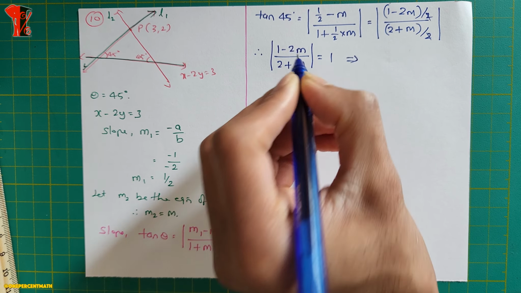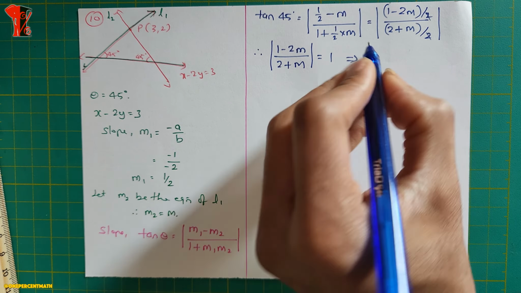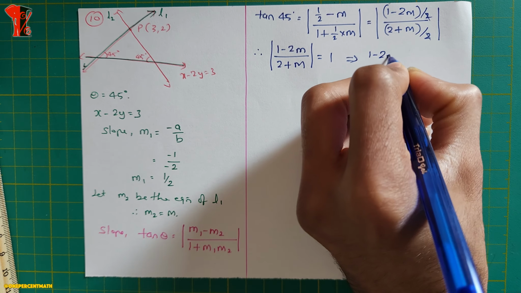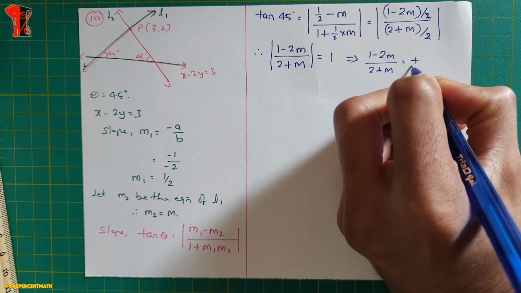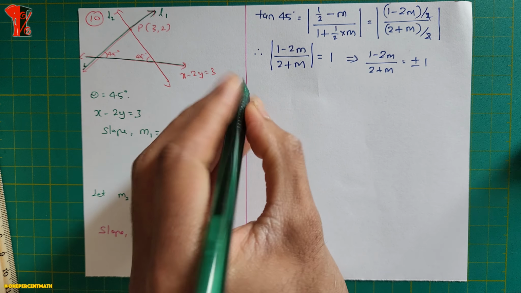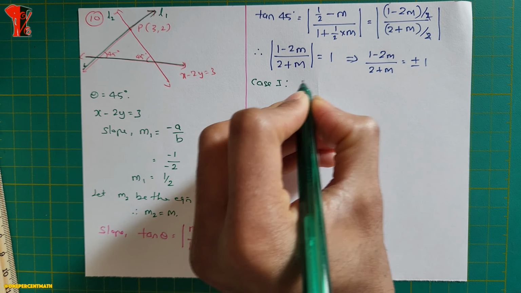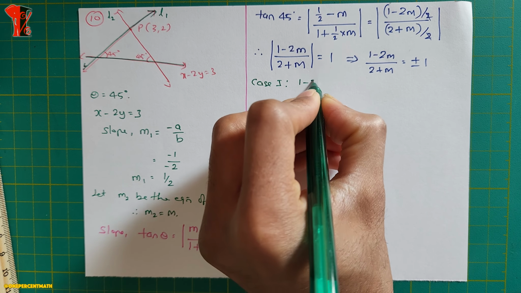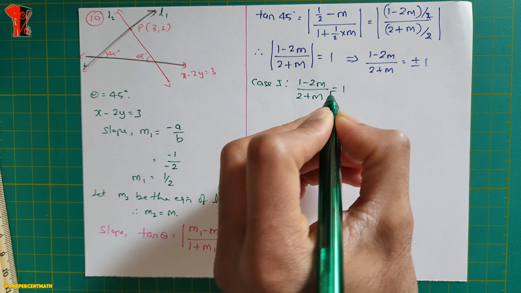Since there is a modulus, if you want to remove the modulus, what happens? We take 1 as plus or minus 1. So that means 1 minus 2m by 2 plus m is equal to plus or minus 1. That means there are two cases, correct? So the first case, okay? We'll go with the first case. In the first case, we take 1 minus 2m by 2 plus m is equal to plus 1.